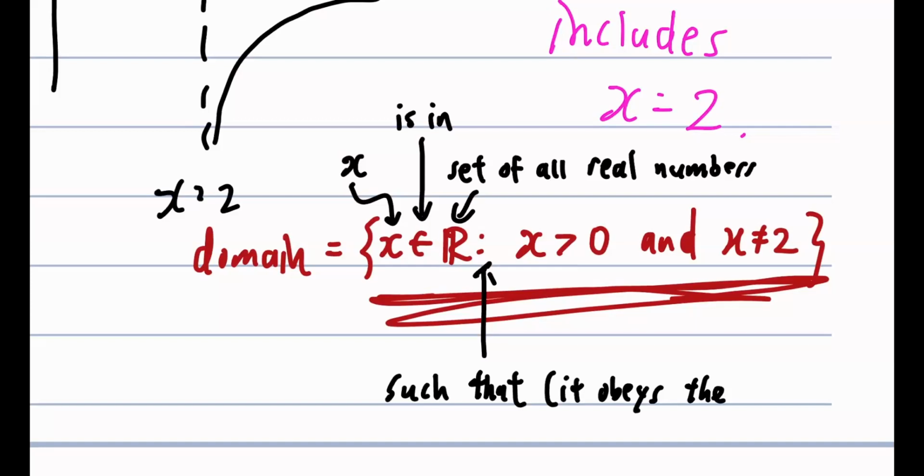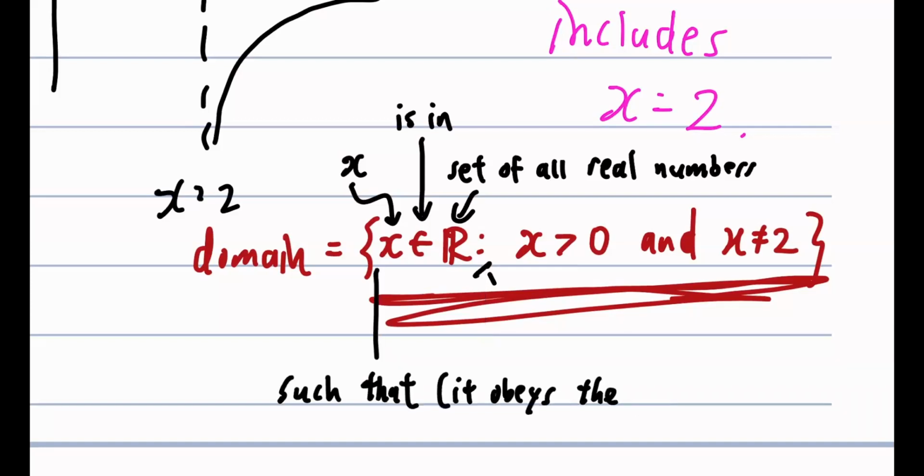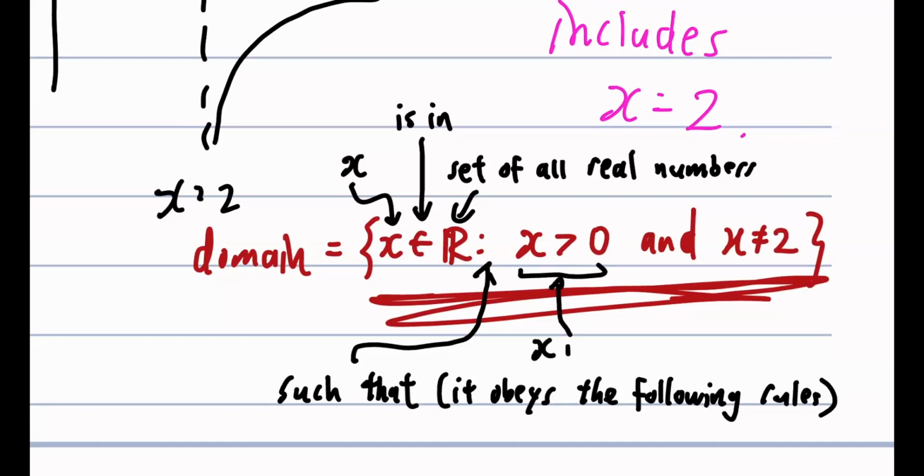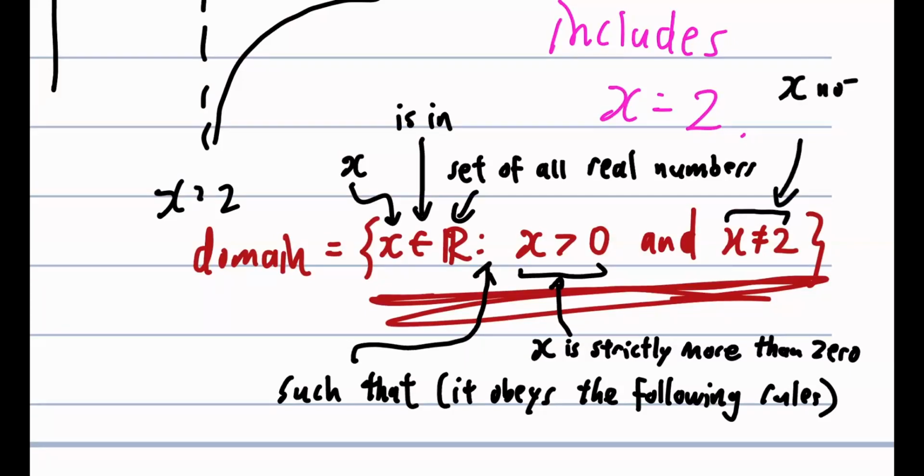The dot means such that. Some textbooks will also put a vertical line here instead of the dot. What rules? Here, x is strictly more than 0, and x not equal to 2. Okay, I think this is clear enough.